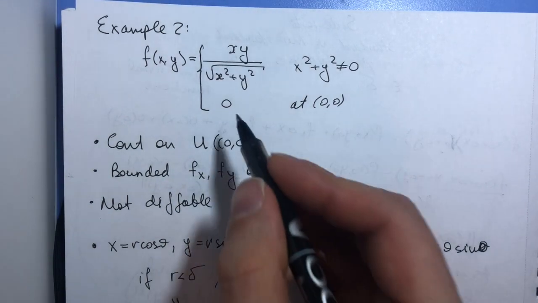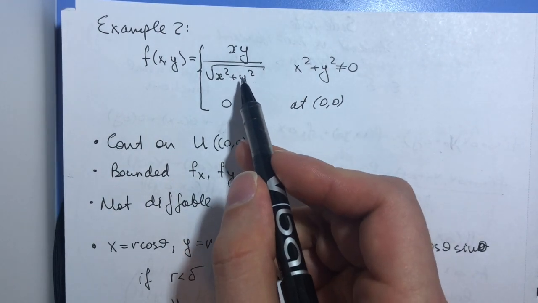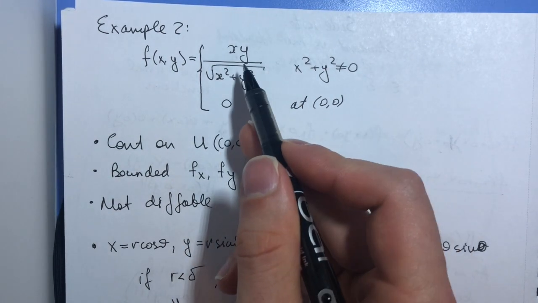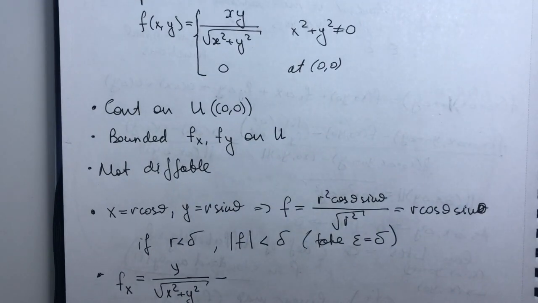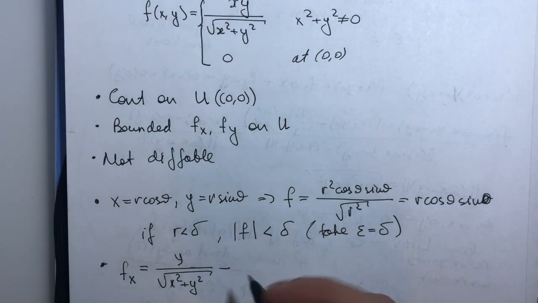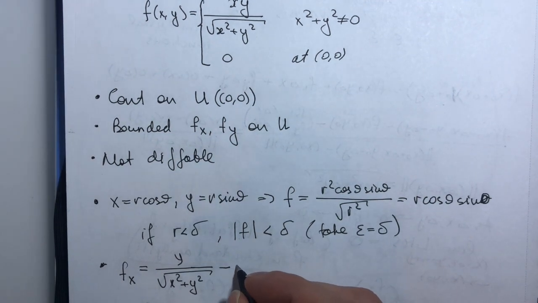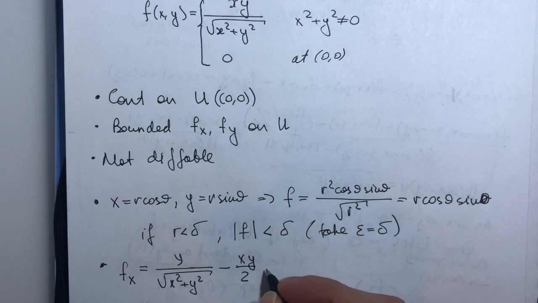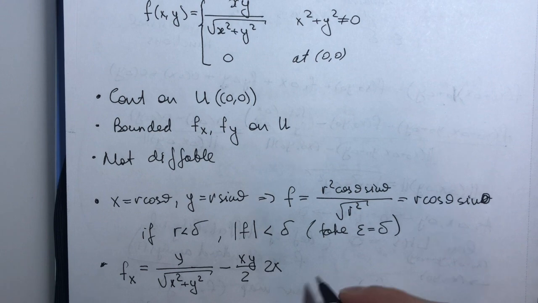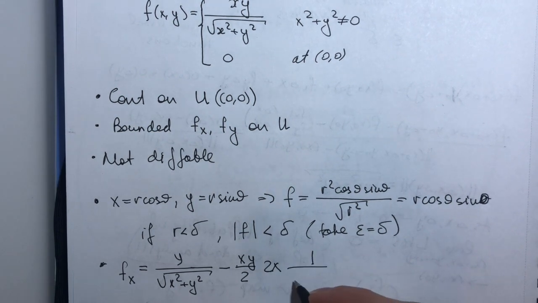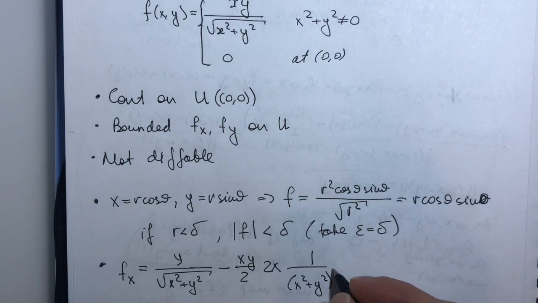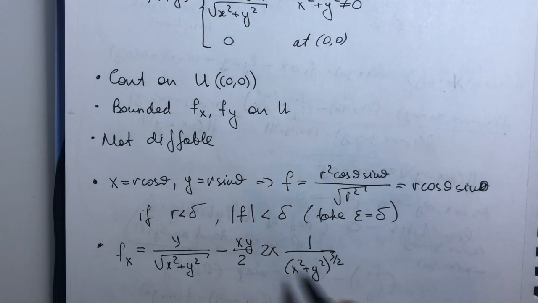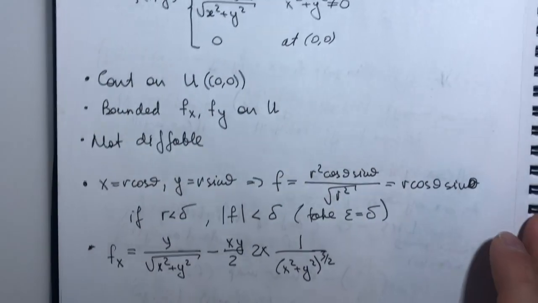And then when we use the quotient rule, or here I'm using the product rule, we do minus x squared y, so first it's going to be xy over 2 times 2x, and then we'll have x squared plus y squared to the 3/2, right? So just double check in case I made any mistakes.